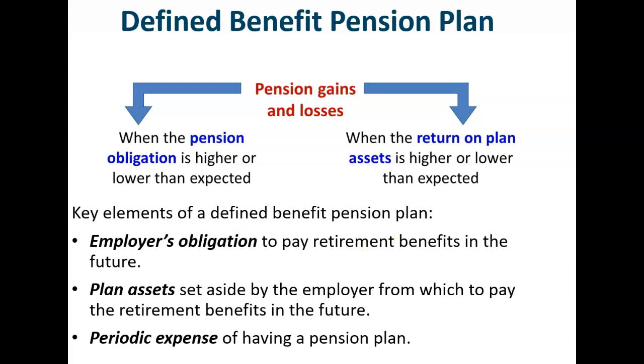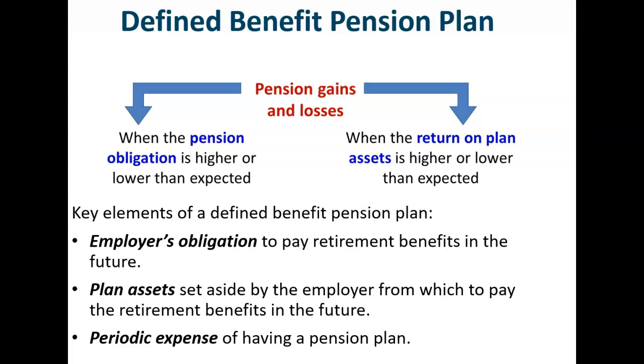It is critical to understand the composition of both the pension obligation and the plan assets, because A, they are reported as a net amount in the balance sheet, and B, their balances are reported in disclosure notes.